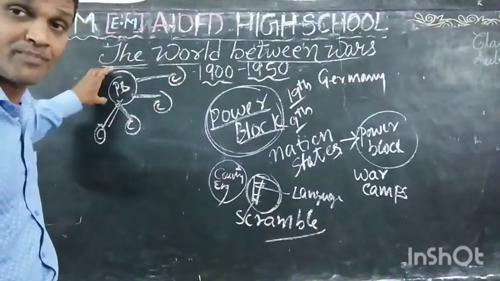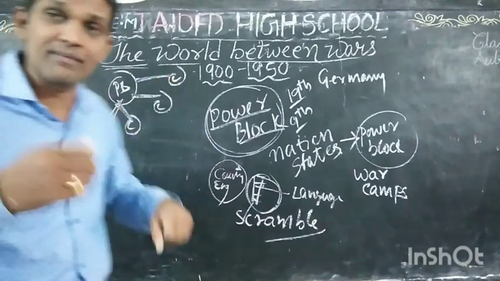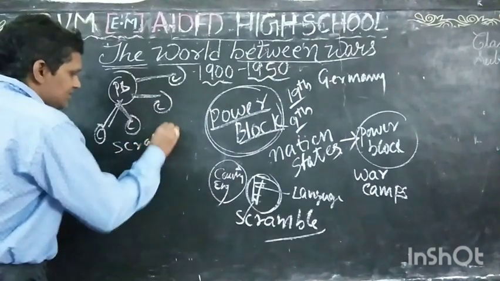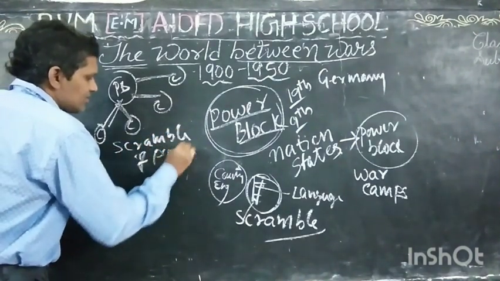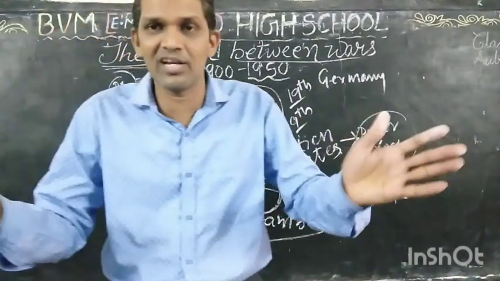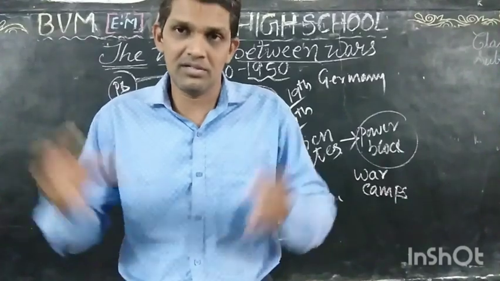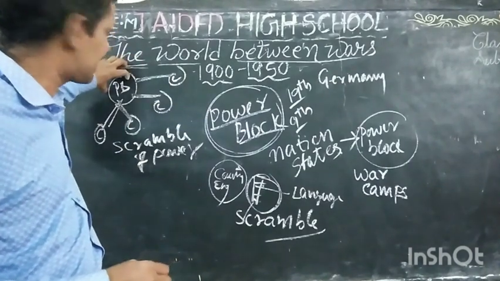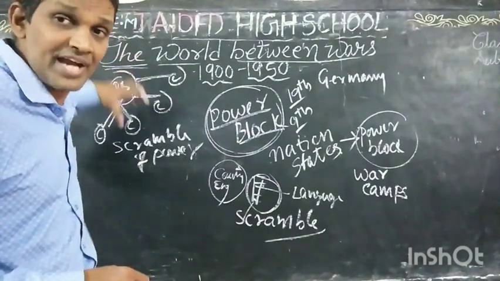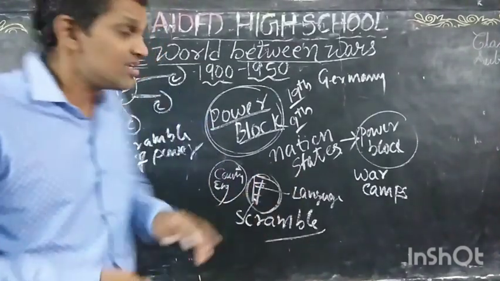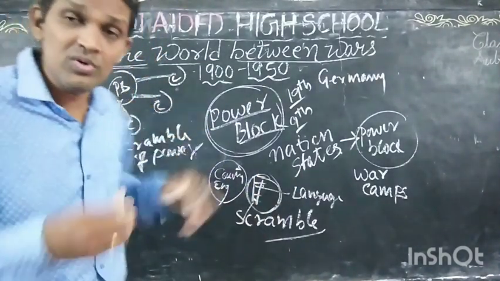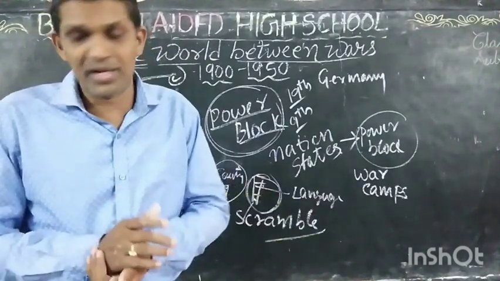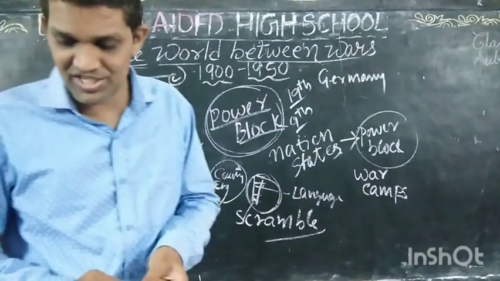But these power blocks are controlling them and putting them under their control. Like that we see the scramble of powers. Scramble means scattering of the powers, scattering of the influence. These states follow certain cultures and languages, but the powerful country is trying to dominate the other nations. With this, these countries will also try to fight against the main country. Like that we find many revolutions in the European continent by the end of the 19th century.